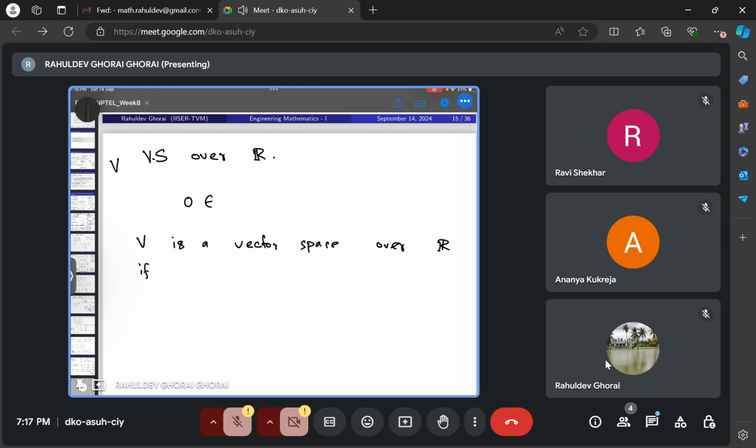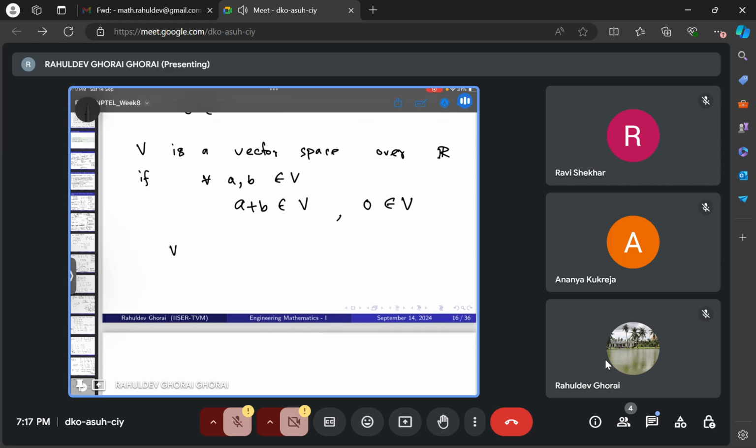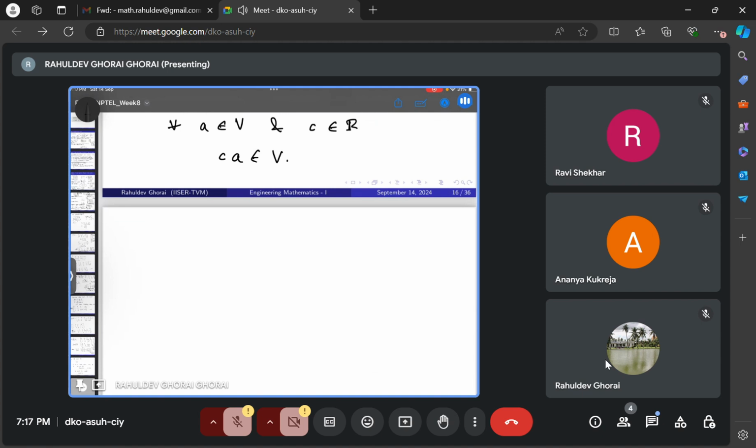If for all a, b belonging to V, a plus b belongs to V, and the zero element also has to be in V. And the second one is, for all a belonging to V and constant c belonging to R, c times a, which we will multiply, also has to be in V. I mean, let's say you have a set of real numbers.